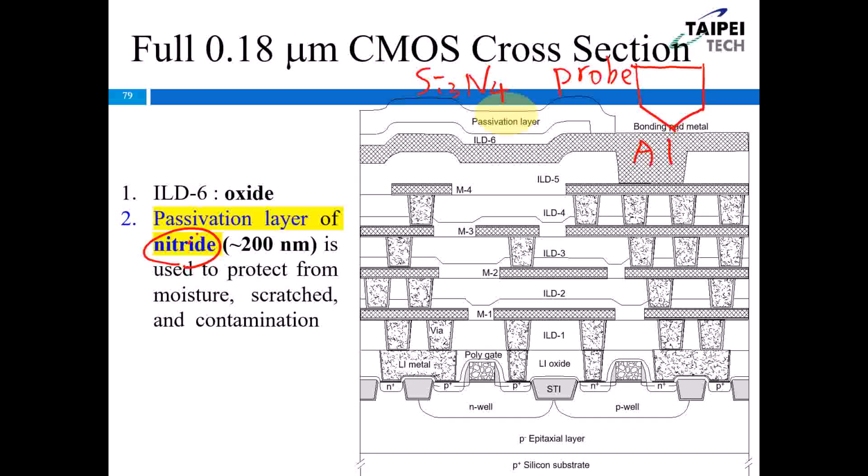We only open this bonding pad area for the electrical probing, and for the other areas we use the silicon nitride to protect the underlying chip. Only this small area, maybe the bonding pad is square in shape, is used with the electrical probing to detect the signal from the transistor, okay?